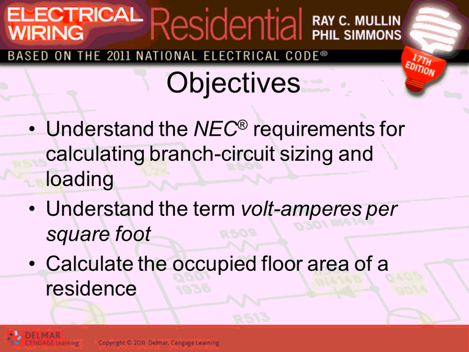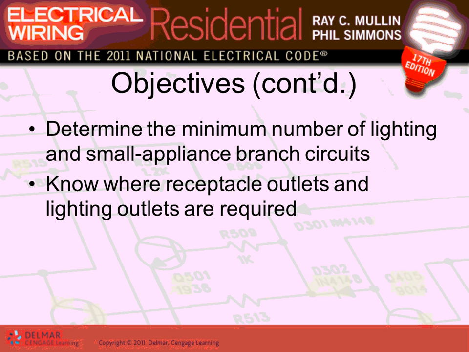And we'll talk about these in a second. Calculate branch circuit sizing, understand volt-amps per square foot, calculate the occupied floor area of a residence. Determine the number of lighting and small appliance branch circuits, and know where receptacle outlets and lighting outlets have to be.